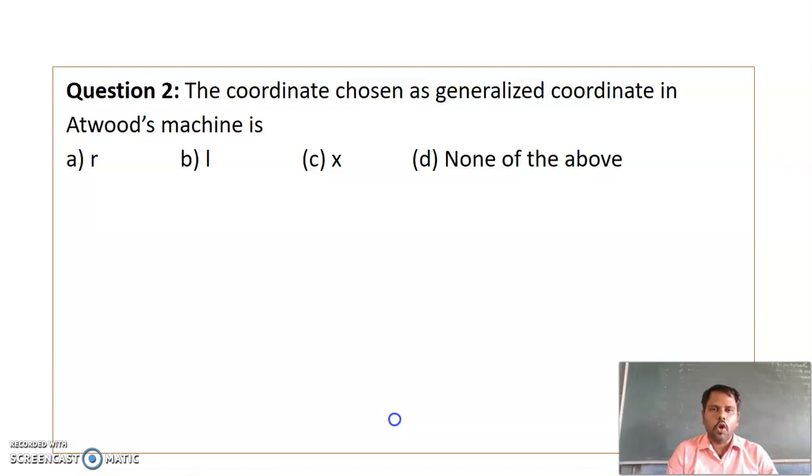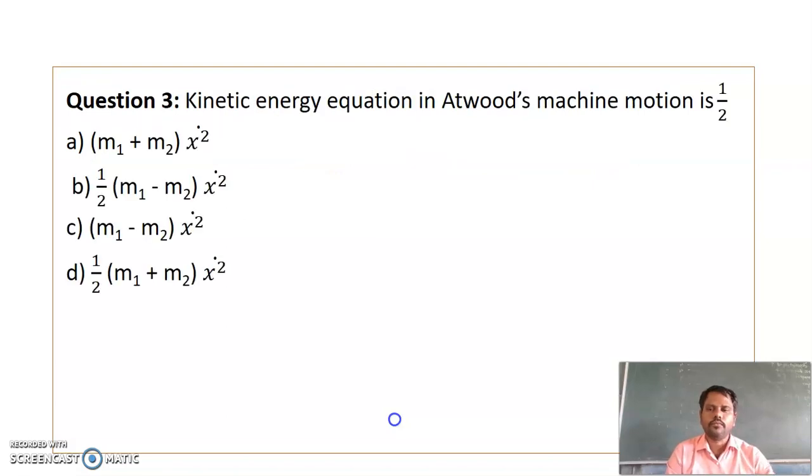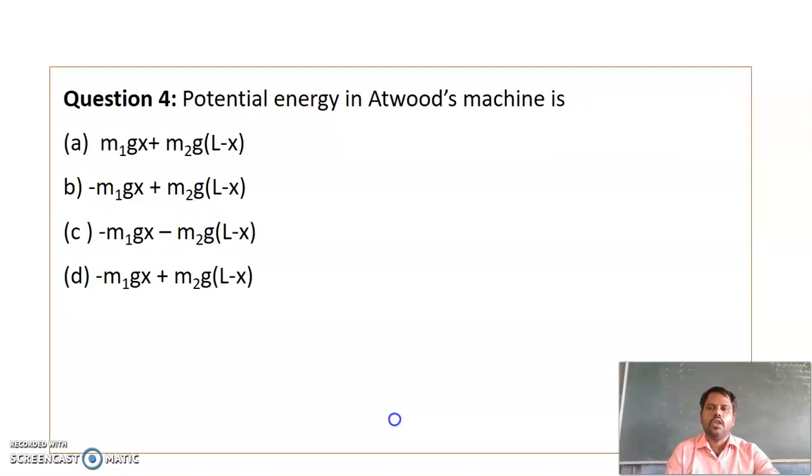Question 2: The coordinate chosen as generalized coordinate in Atwood's machine is x, so the answer is option C. Question 3: The kinetic energy in Atwood's machine is (1/2)(m1 plus m2) x dot squared, so the answer is A. Question 4: The potential energy in Atwood's machine is minus m1 g x minus m2 g (L minus x), so the option is C.